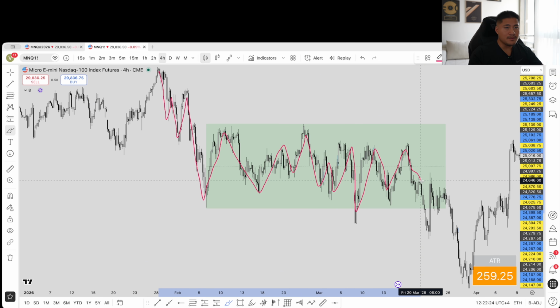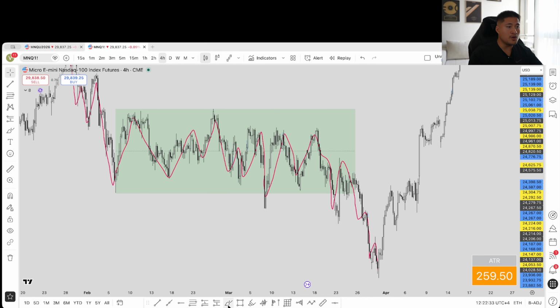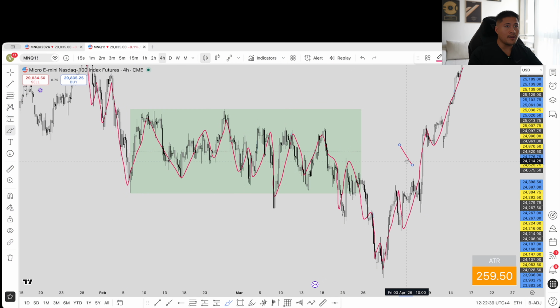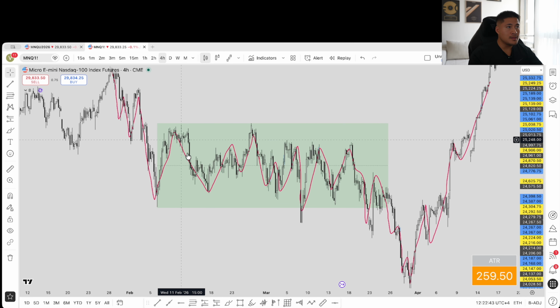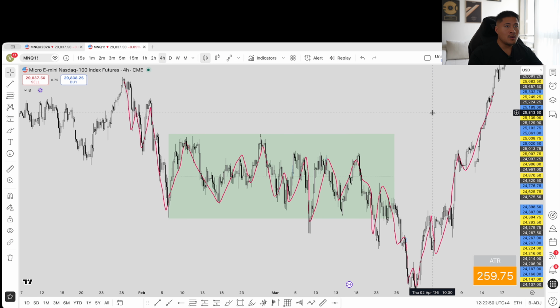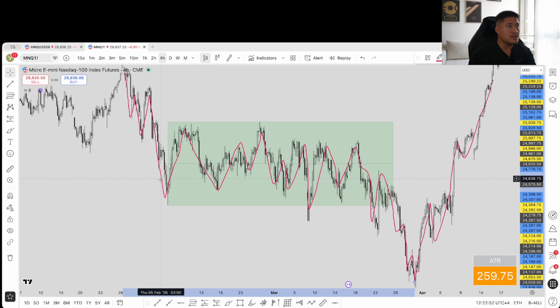After that, when we break through, we finally continue the downtrend until we finally reverse. That is a good example of a reversal. So we have a bearish trend first, then we consolidate, then we continue the bearish trend, and then we reverse. That is basically how to read the markets.